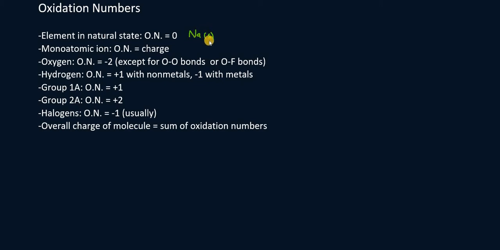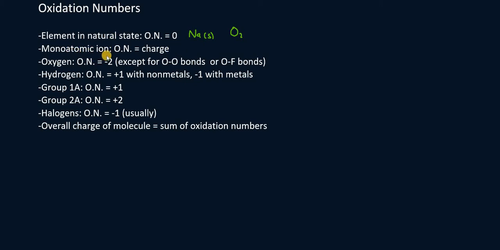This would be sodium in its natural state. This would have an oxidation number of 0. Another good example would be diatomic oxygen, O2. This is oxygen in its natural form. Therefore, the oxidation number on the oxygens in here would be 0, because this is the natural state.